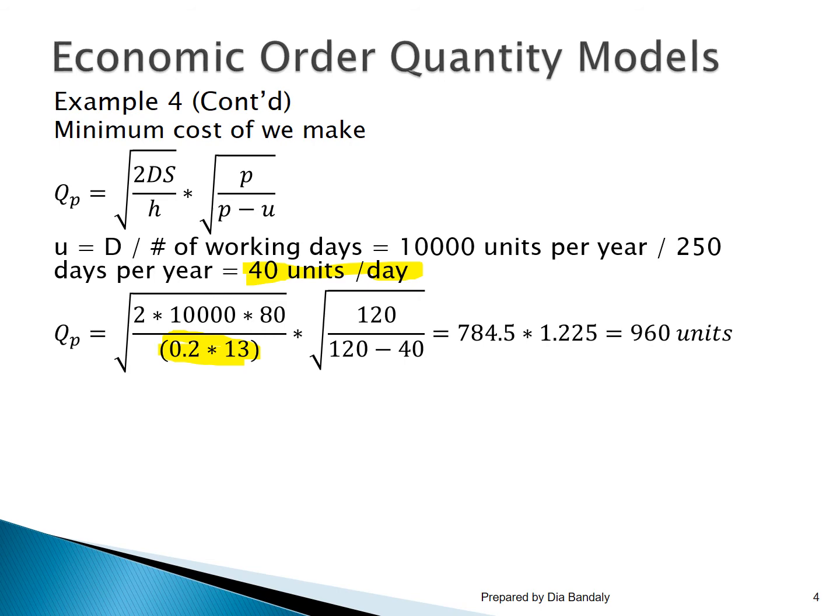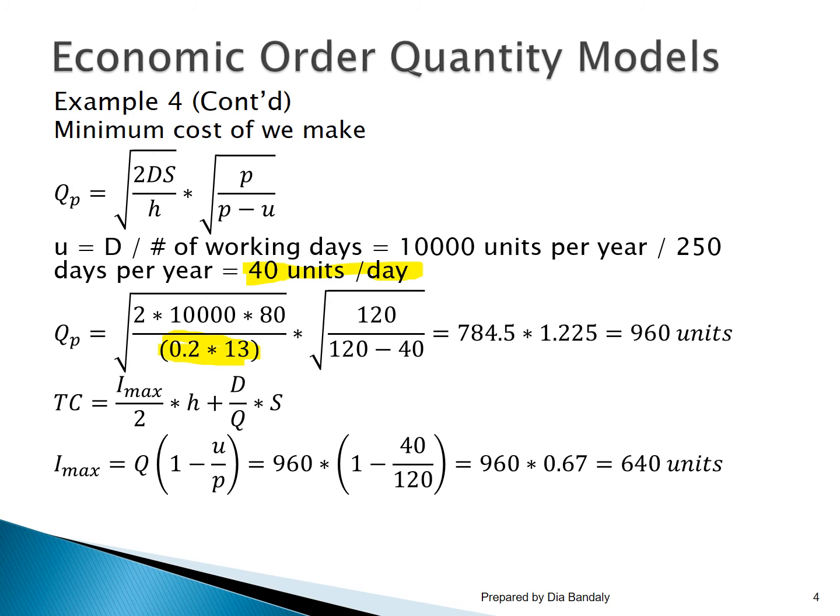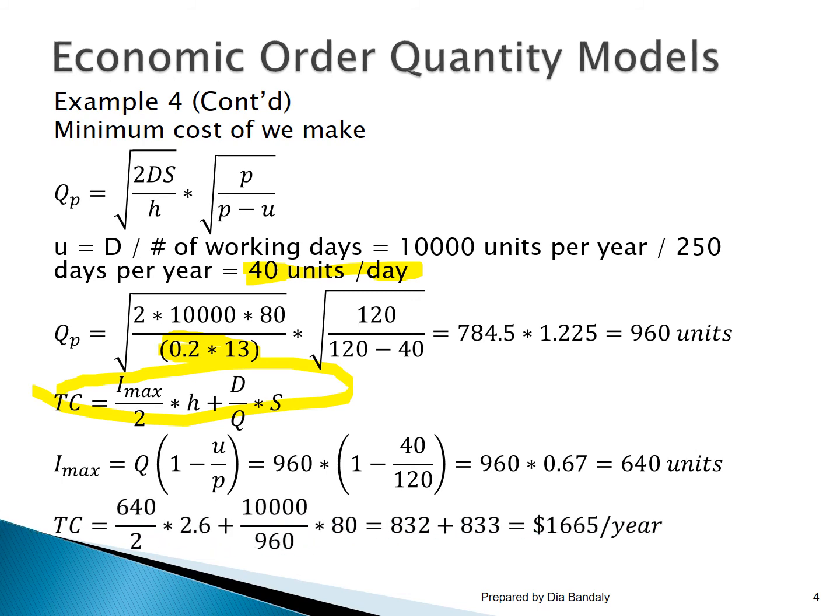Now to find the total cost, first we need to find I max. I max is in relation with Q, so we find this easily to be 640 and we plug everything in the total cost formula. And here we go, we find the total cost to be equal to 1665.